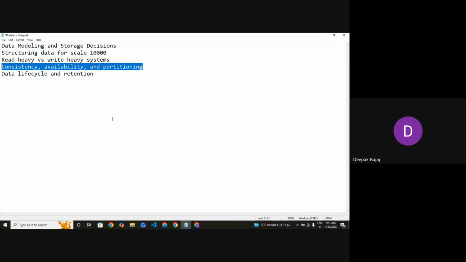Availability means the user can interact anytime. Partitioning, you are also correct there. Rather than forcing a user interested only in gents clothing to check ladies' suits first, we partition. Am I right? Right, so that's partitioning.